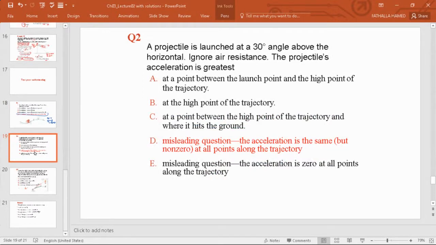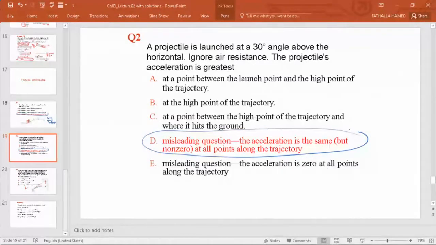In this question here, our projectile is launched at an angle of 30 degrees above the horizontal. Ignore air resistance. The projectile's acceleration is greatest... Now, the answer here that we have is misleading. The acceleration is the same, but non-zero, all along the trajectory.